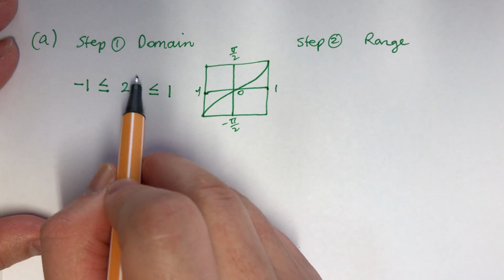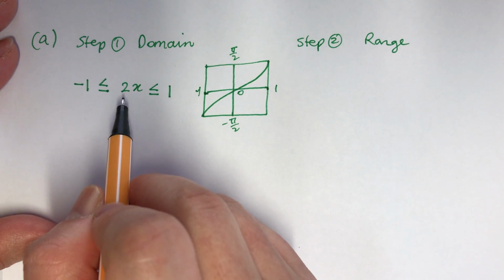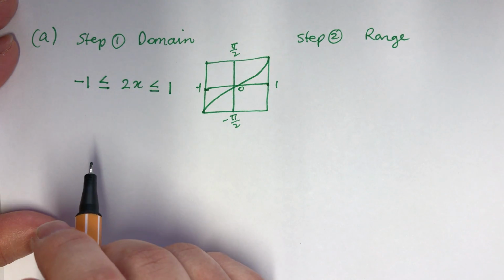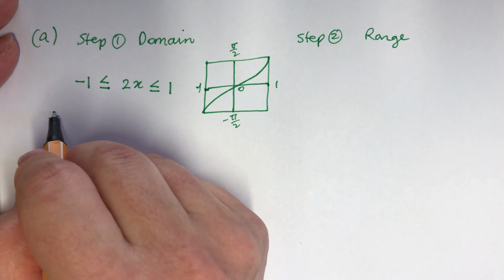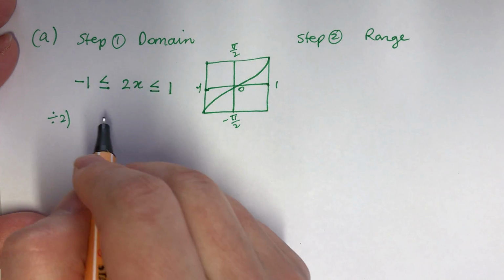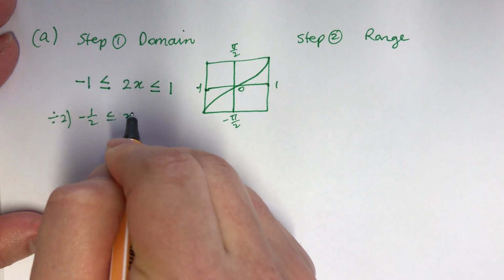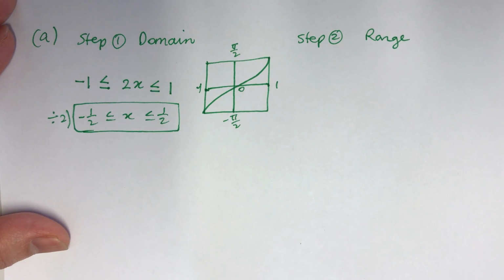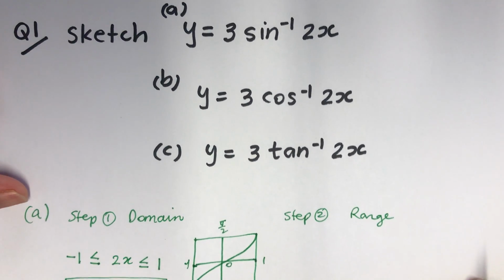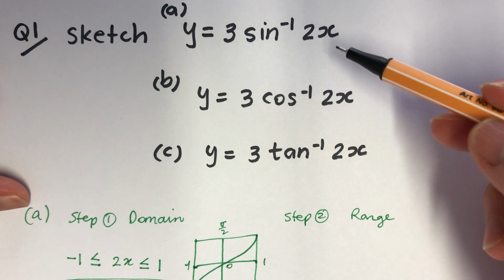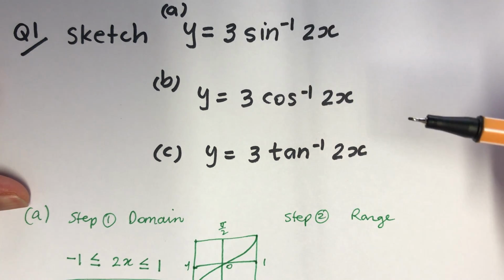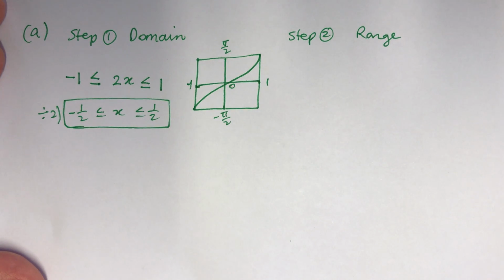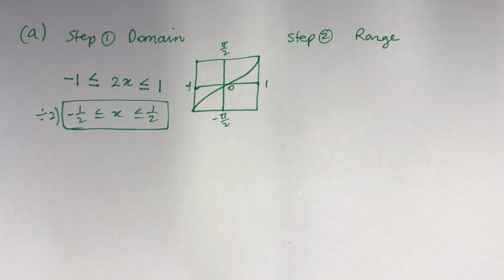Now my new input has 2x, and we don't want this 2x to be our domain, we want x. So all you've got to do is divide by 2, so it'll be minus a half to a half. So that's my new domain. Or another way, if you think about 2x, because the whole cycle goes twice as fast, the domain will be halved. If you like, you can think like that.